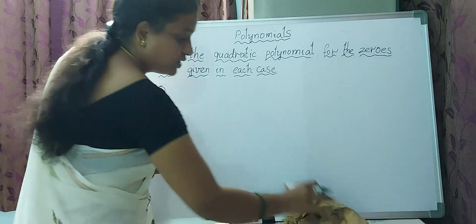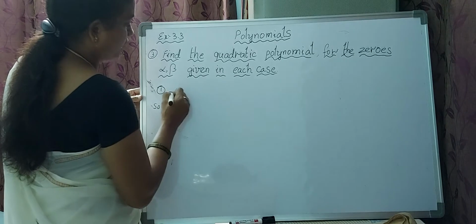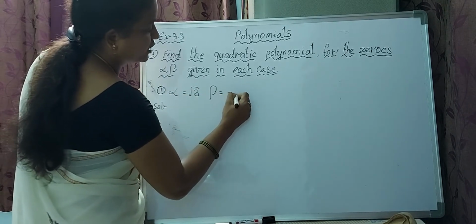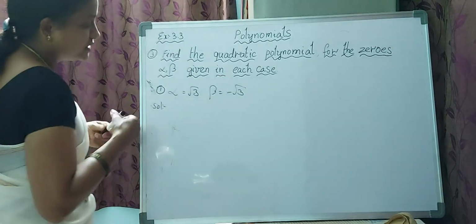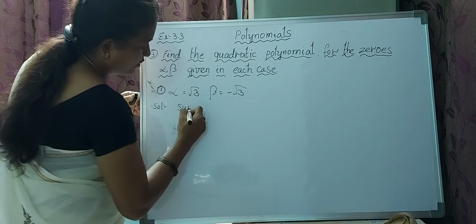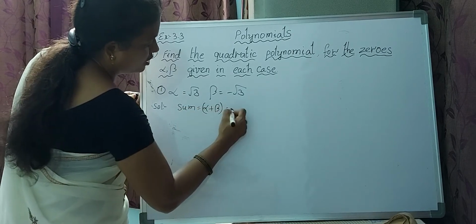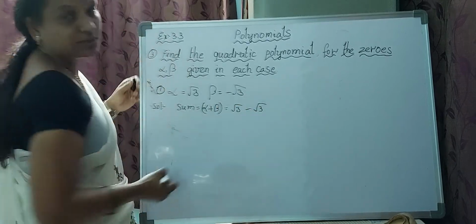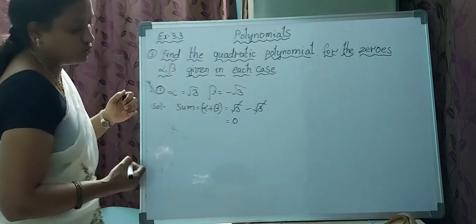The second one is also the same. Alpha value is √3 and beta value is -√3. The sum is alpha plus beta, which is √3 minus √3. Plus √3 minus √3 gets cancelled, so 0.